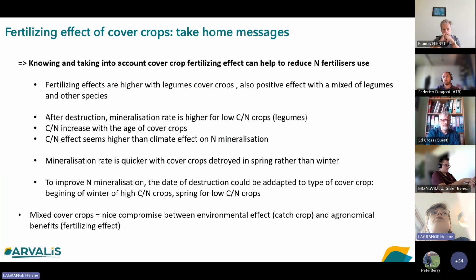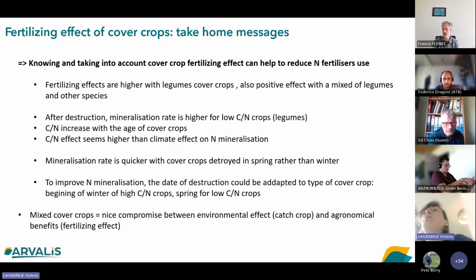And regarding cover crops, the take-home message could be that it's important to know nitrogen effects from this kind of crops to be able to take it into account for the fertilizing effect. And so we know that legume cover crops have the highest effect.